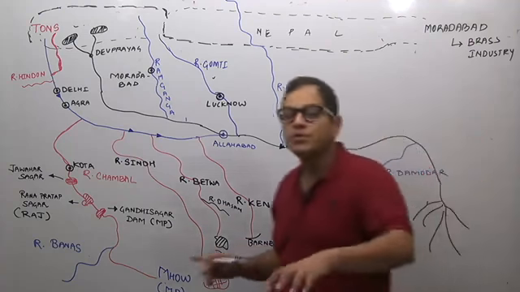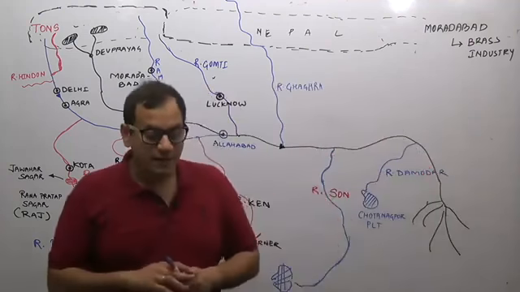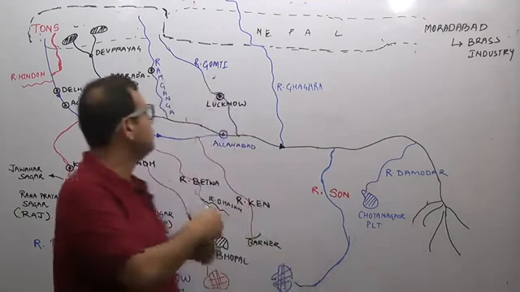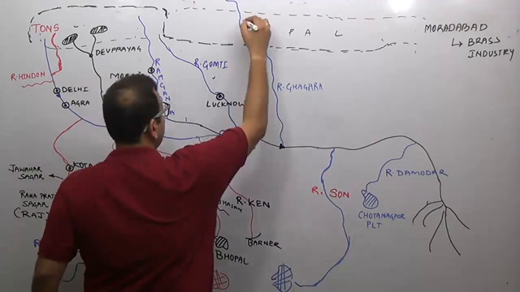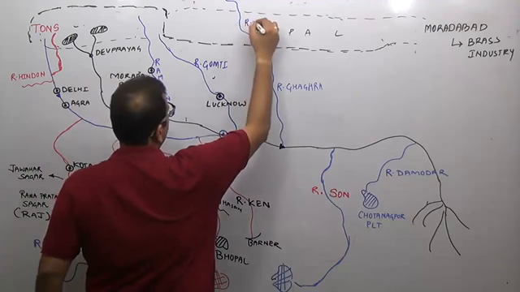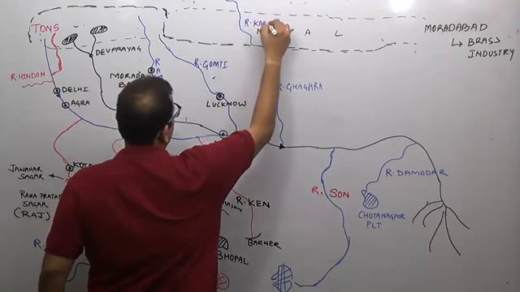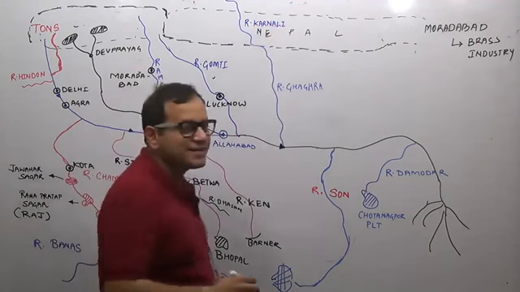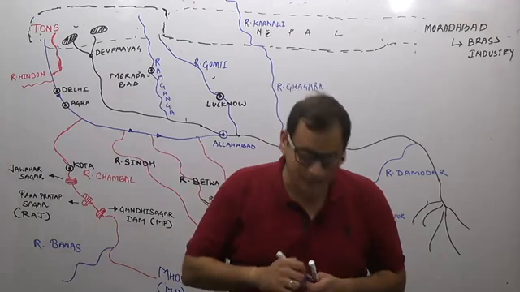The important tributary of river Ghagra is the river Sarda or river Kali. River Ghagra is known as River Karnali in Nepal.